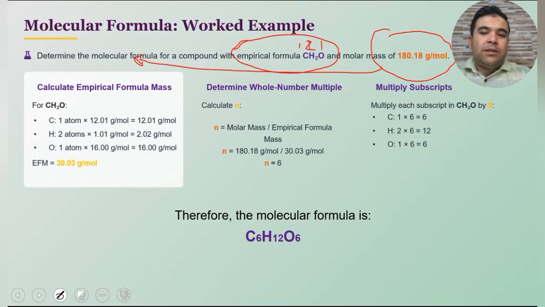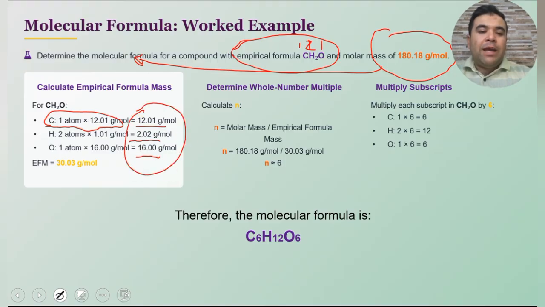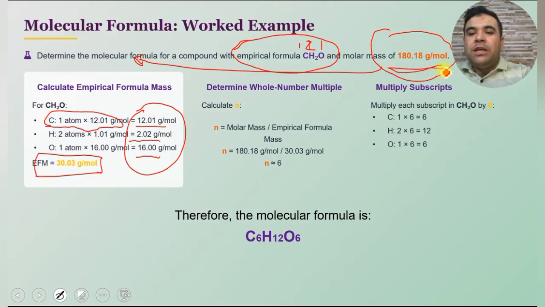So we calculated based on the molar masses of the individual atoms. For carbon it is 12 multiplied by 1, we'll get 12. Hydrogen 2.02, and then oxygen 16. Totally we'll get the empirical formula mass. We calculated EFM as 30.0 grams per mole.